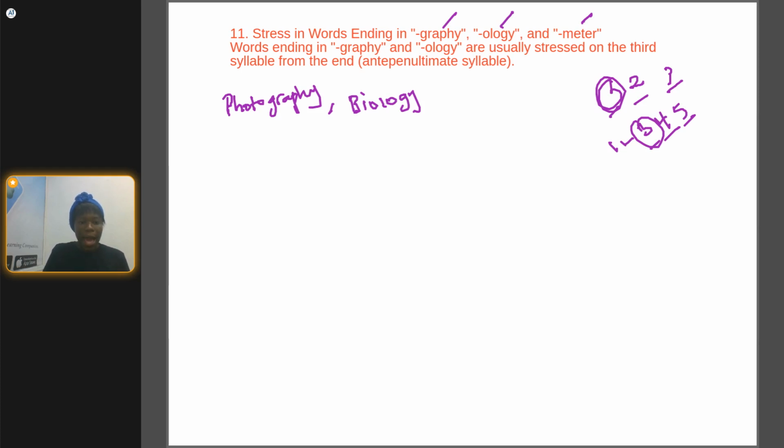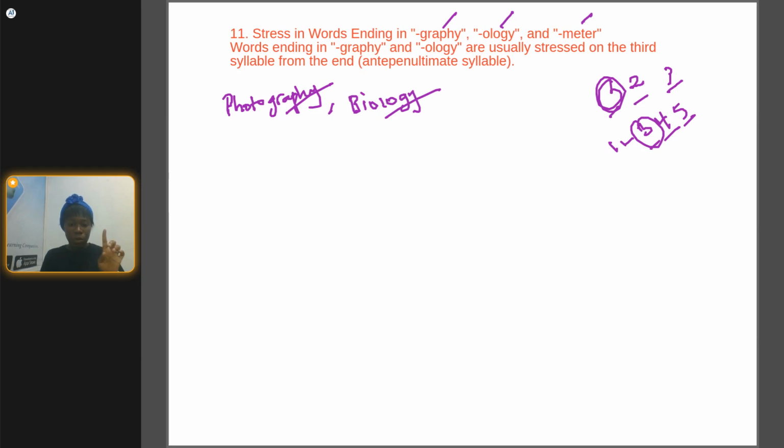You talk about photography, and because the word ends with graphy, biology ends with ology, you already know that the stress is on the third syllable from the end. What you have to do is to break down these words. How many syllables are they? Photography. So that means we have four syllables in photography, right? So you start counting from the end.